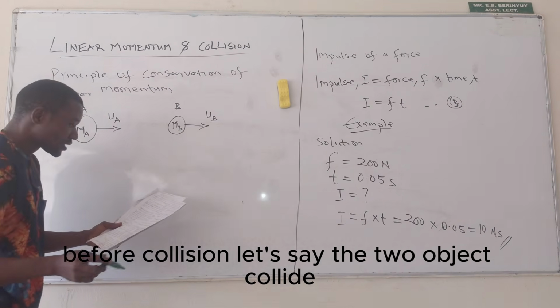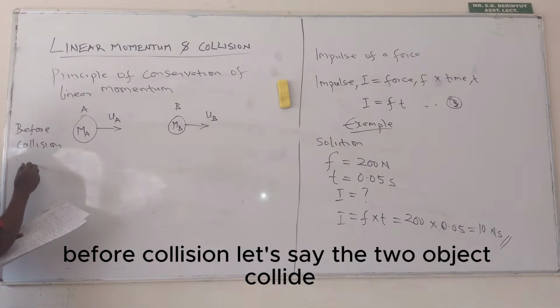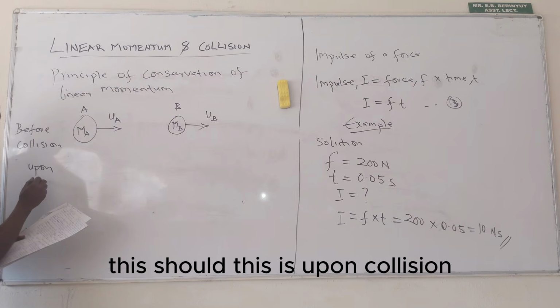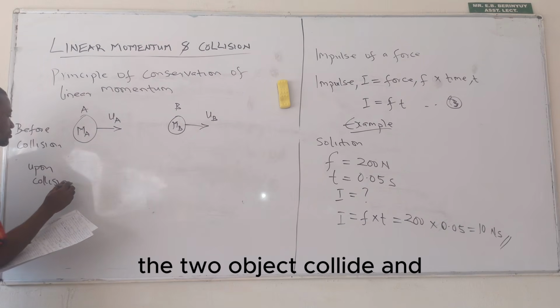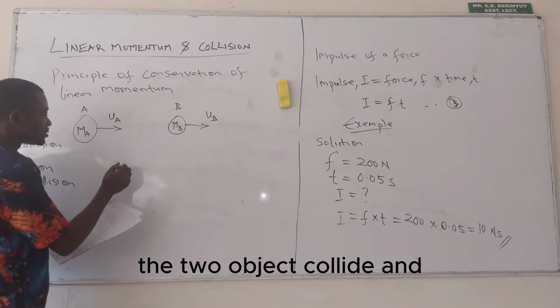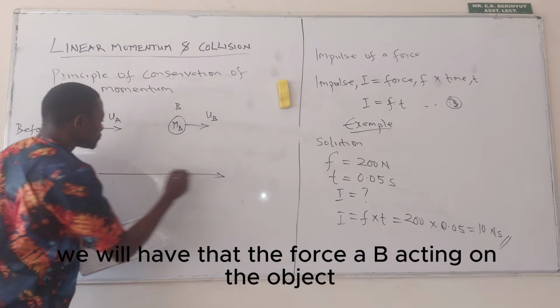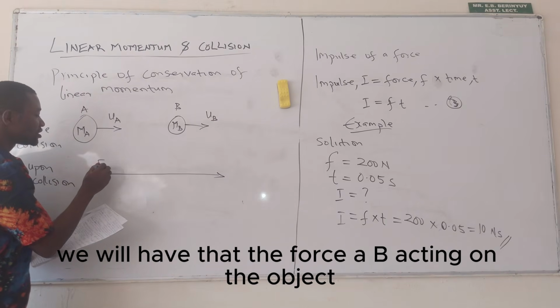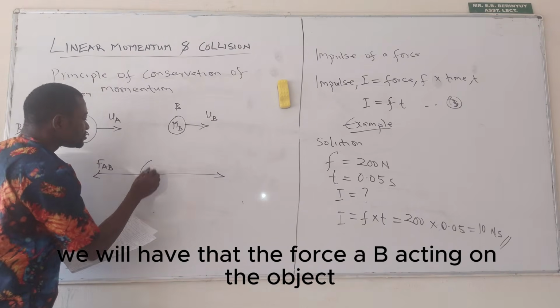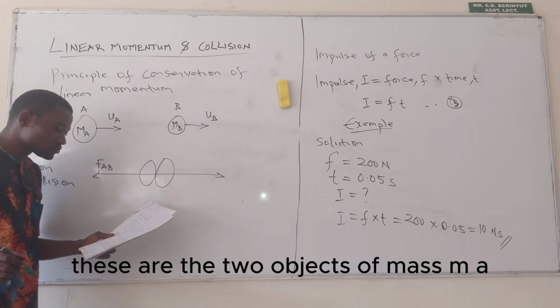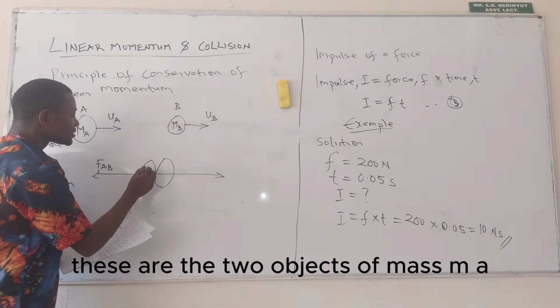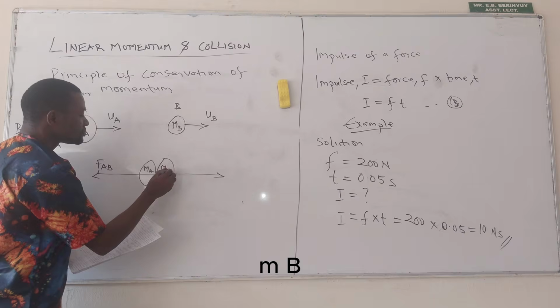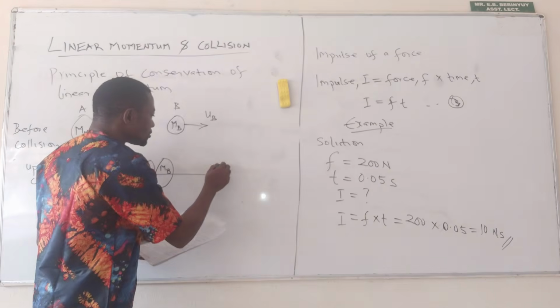Then the two objects collide. Upon collision, we will have the force AB acting on the objects of mass MA and MB.